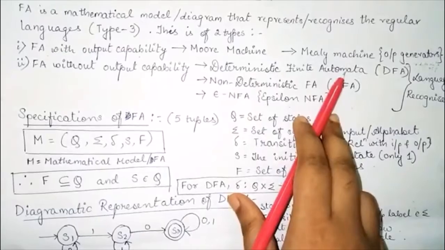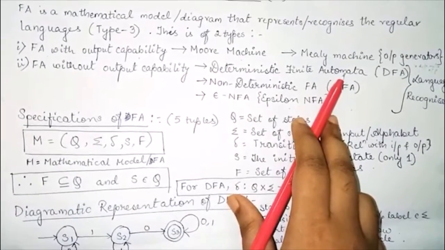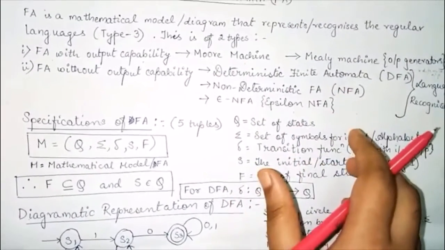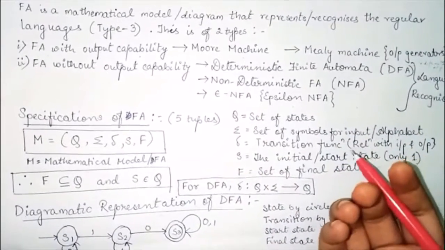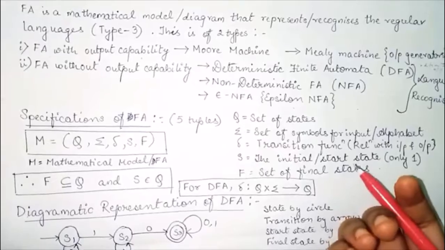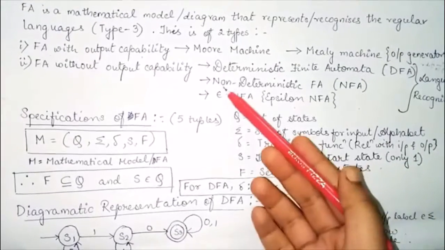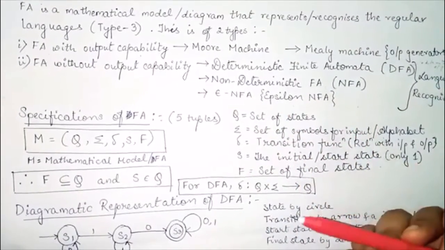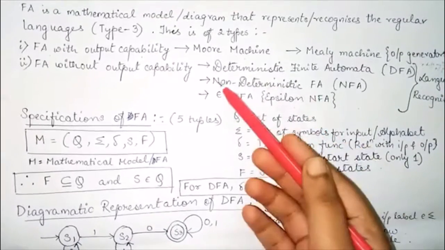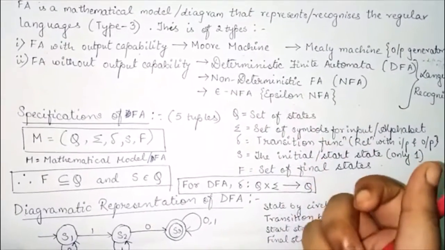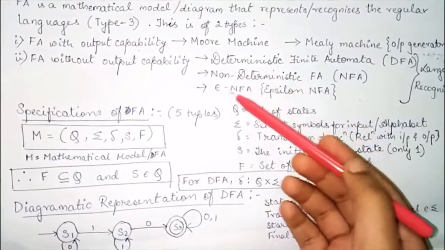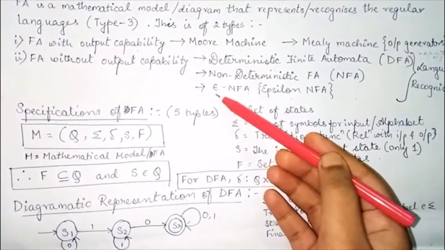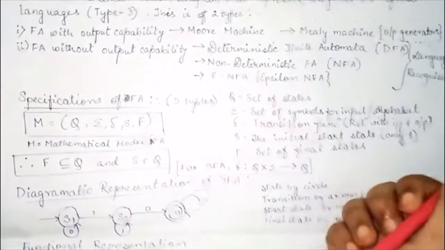Deterministic finite automata means for a particular input, we will get a determined answer whether it belongs to or does not belong to the language. For non-deterministic or NFA, it won't be a definite way. And the NFAs that include epsilon as an input symbol are the epsilon NFA.